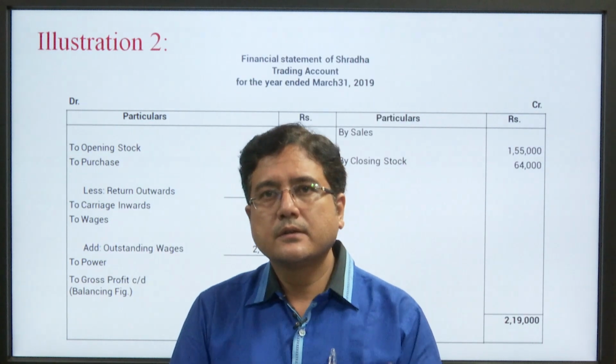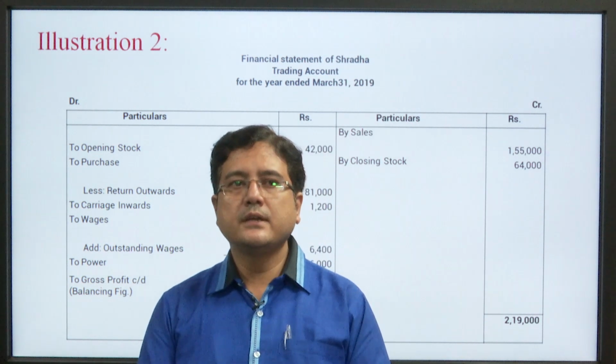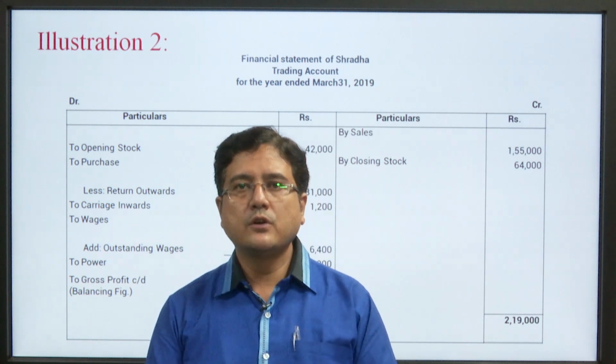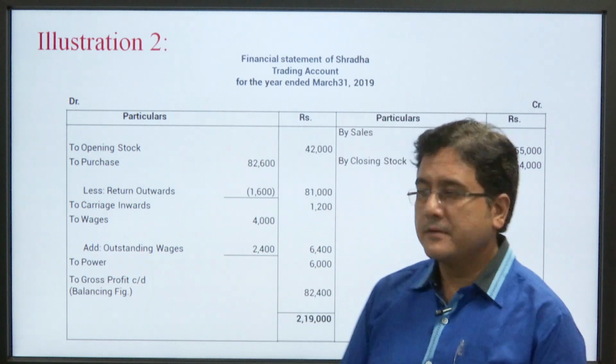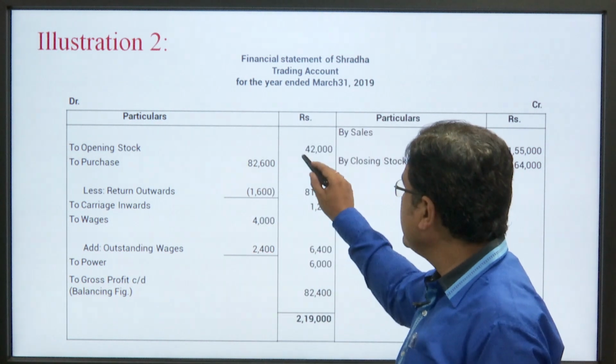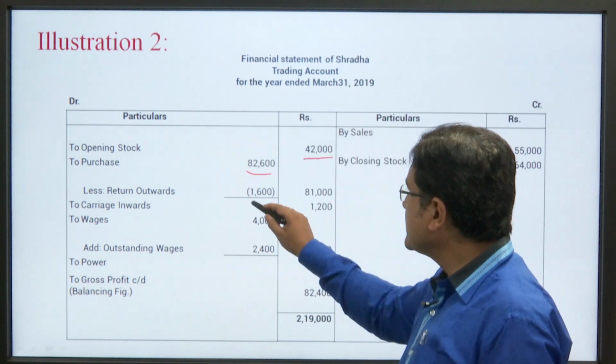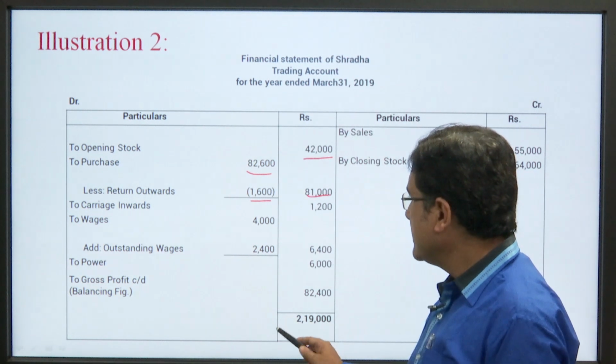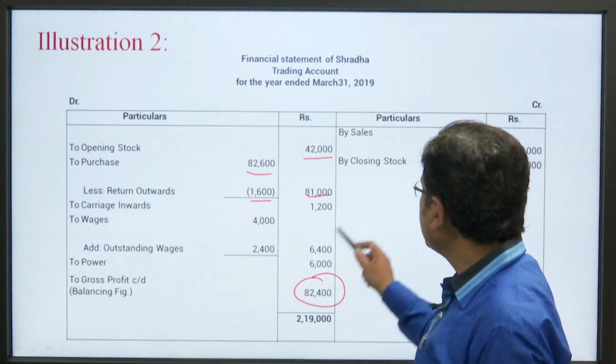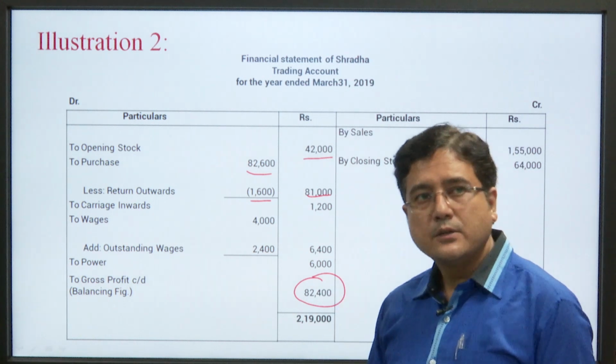So, I quickly give you the sheet of answer. Here opening stock is already given, then purchases, and onward we receive gross profit. Closing stock is a part of adjustment, so it must be here.